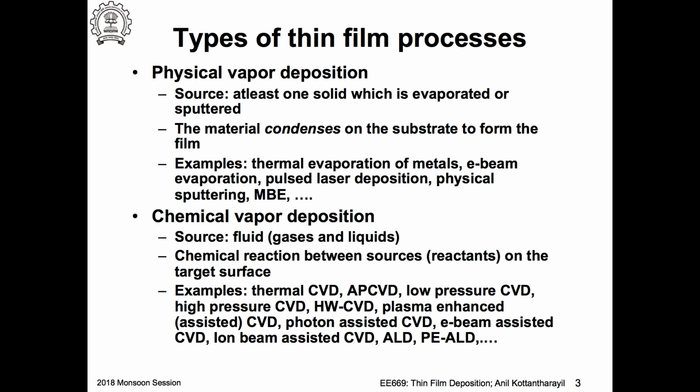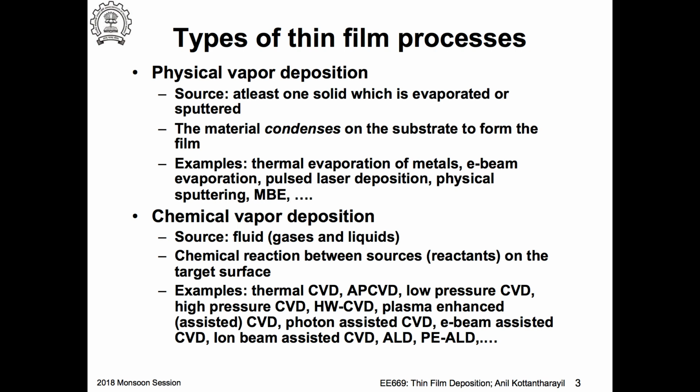So you would get aluminum particles coming out of this surface if the energy of the argon ions is sufficiently high. And then it gets transported through some medium, usually vacuum, and the material would then condense on the substrate to deposit the film. So, a very simple process, right?